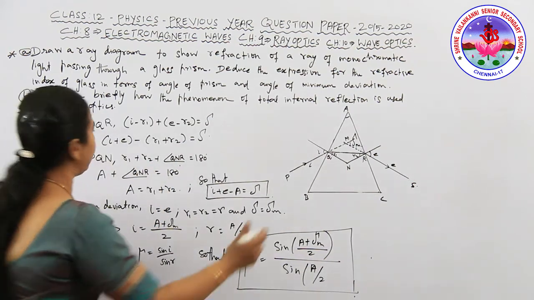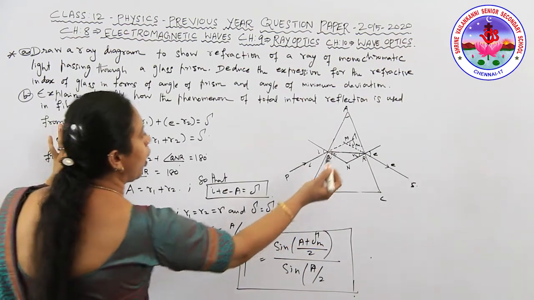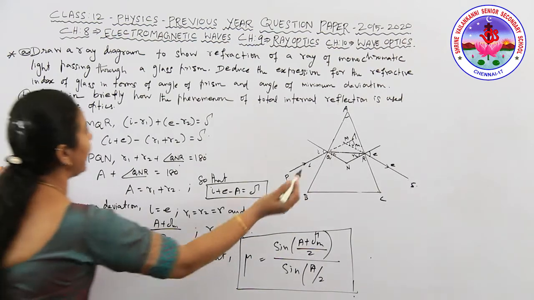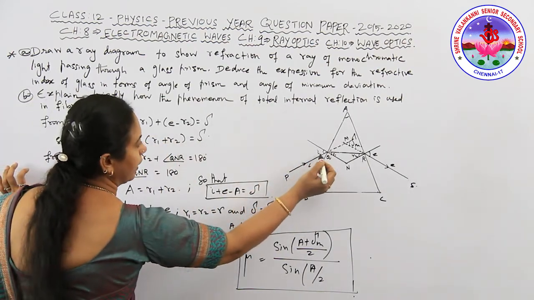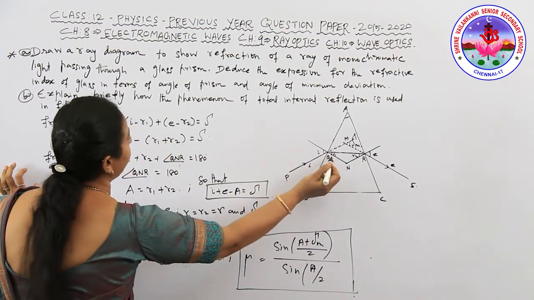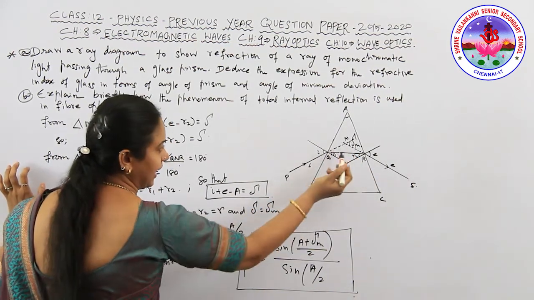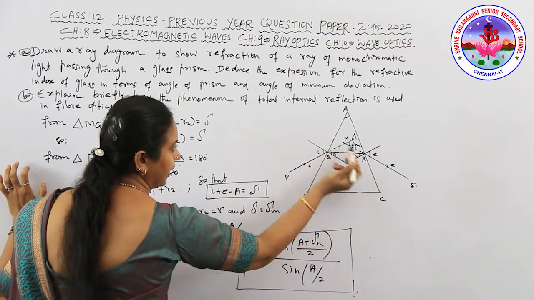From the diagram, you can get it in triangle MQR. You can take i minus r1, the incident minus r1, plus e minus r2, which is equal to sigma, as we already explained for the extended ray, right?